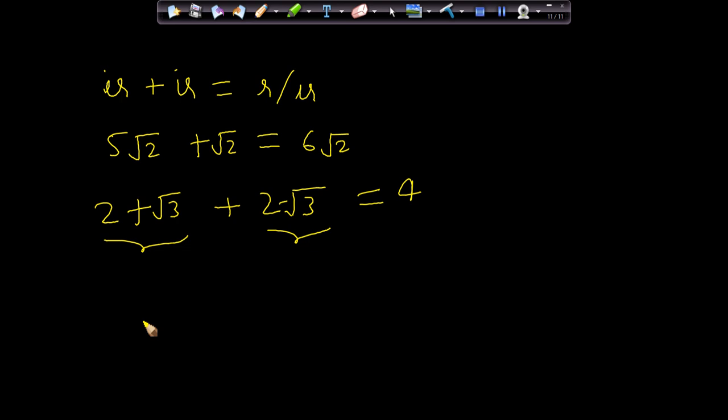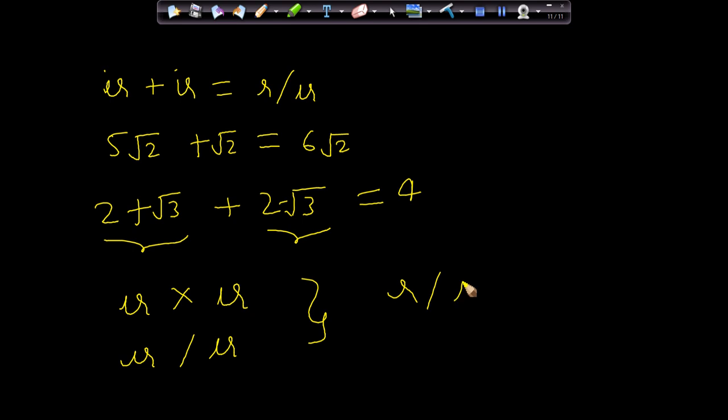Similarly, I can multiply an irrational number into an irrational number, or divide an irrational number by an irrational number. The result can be a rational or irrational number. If I divide 5 root 2 by root 2, the result can be 5.